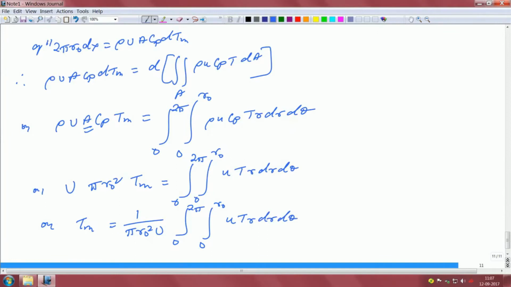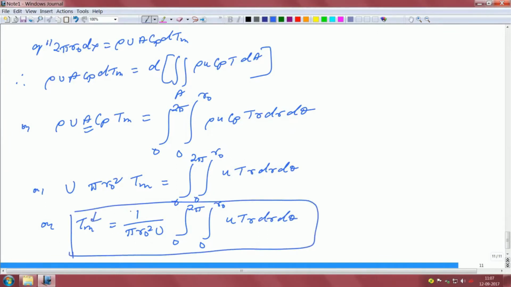So this is the expression that links Tm with the corresponding T, and h, the heat transfer coefficient in all these flows, will be given by q double prime over T naught minus Tm. That will be the case for all the cases that we are going to do here.